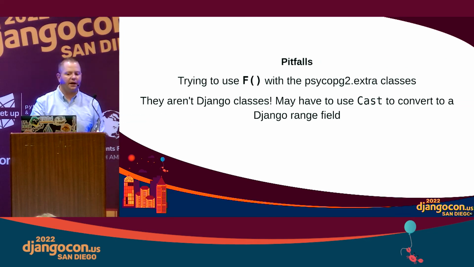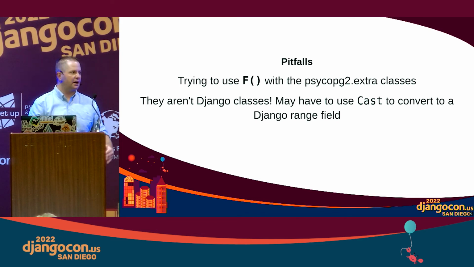And using F with the extra classes, F is used within Django to refer to the contents of a field. But the Psycopg2 extra classes are not Django classes, and they are not Postgres types.